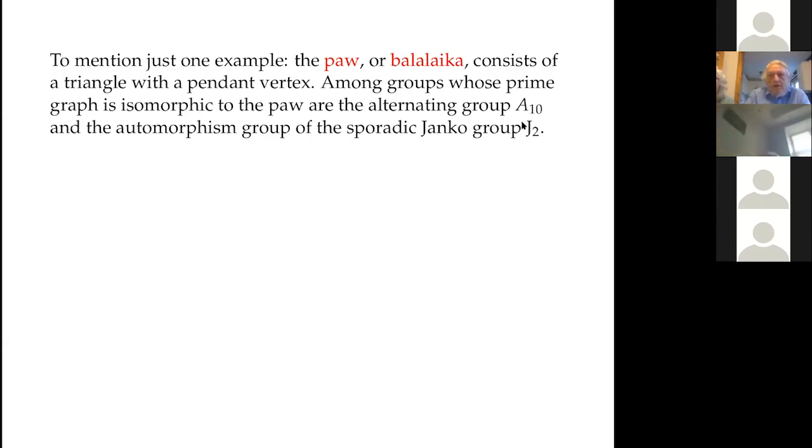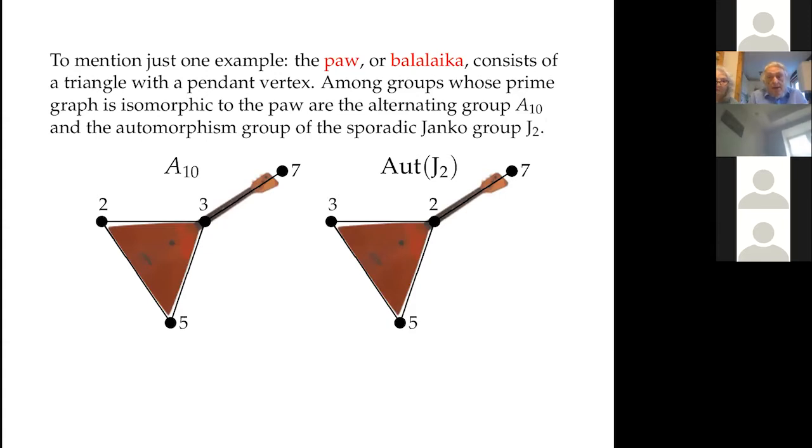Two of them are the alternating group A10 and the automorphism group of the Janko group J2. For A10, you can see that there's a 7-cycle. If you take a 7-cycle, it commutes with a 3-cycle, but it doesn't commute with any element of order 2 or 5. But for all the orders 2, 3, and 5, you can find a pair of commuting elements. So the graph looks like this in the two cases. You can also see why it's called the balalaika.